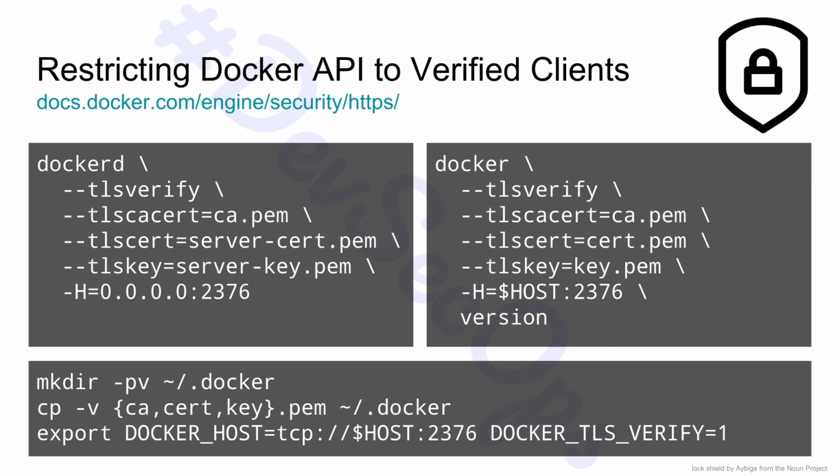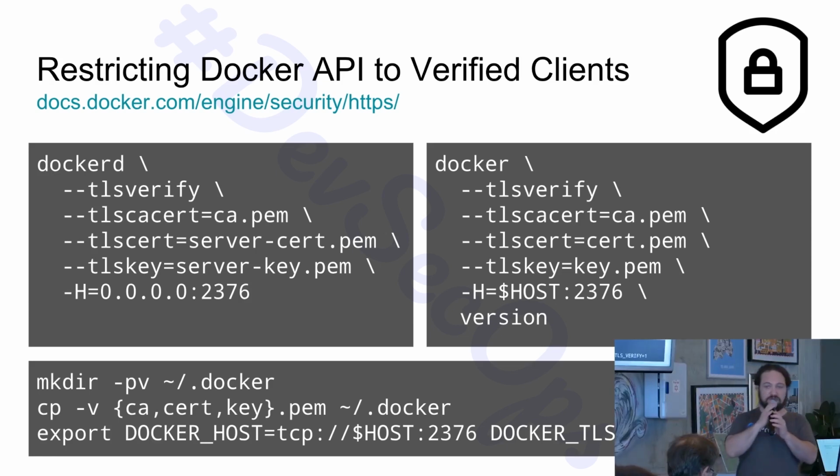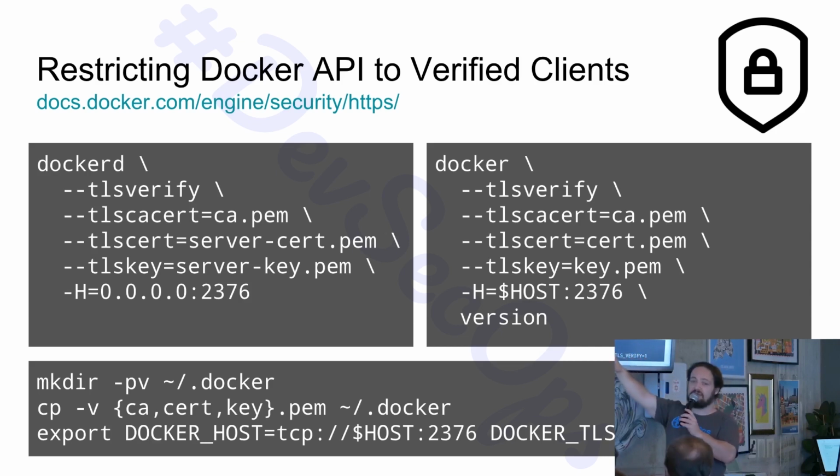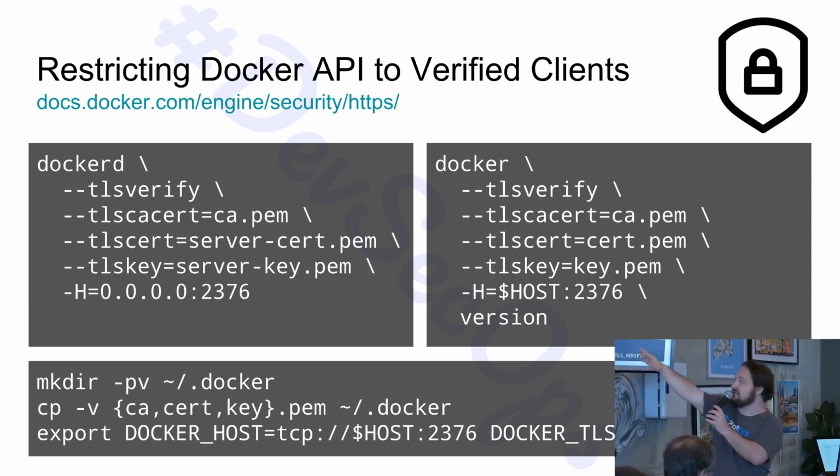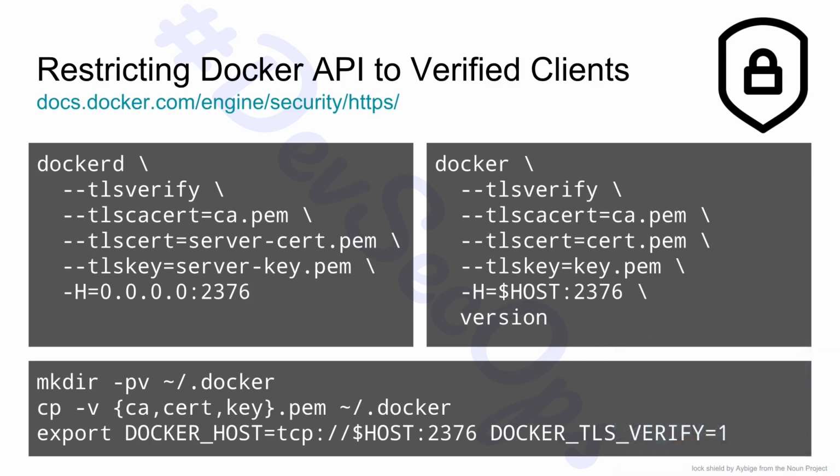Now, to the question of encrypting and securing, I will not go into this because it's a bit hard to set up using Play with Docker, but I will explain how this works in general. There is an option to run the daemon with OpenSSL keys. You need to provide it a couple of options, like TLS verify, what key to use, what certificate to use, and which port to listen to.